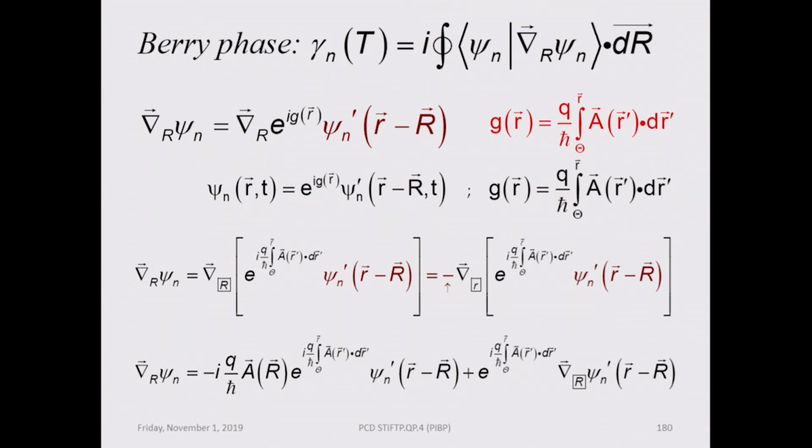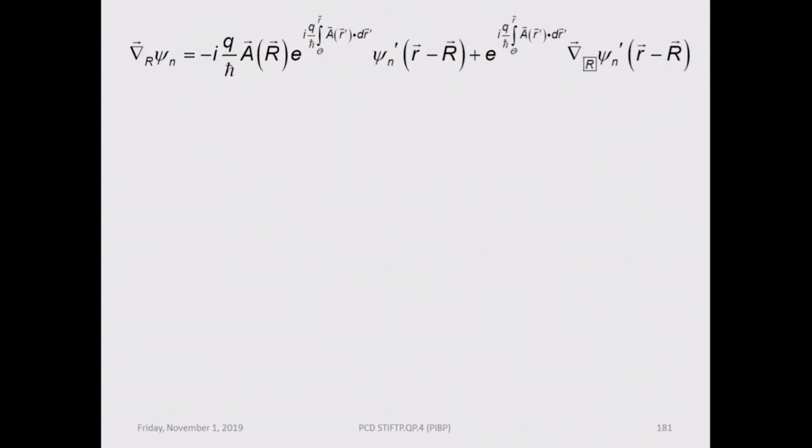So, you can play with that. And in the first term you have got psi prime times the gradient with respect to the lowercase r of the e to the iq over h cross times the phase, right. So, this is what we get.